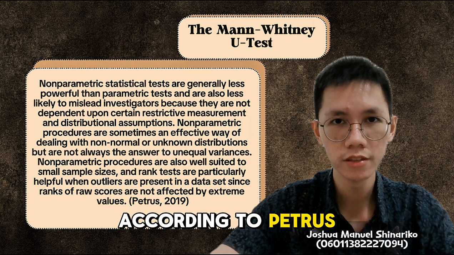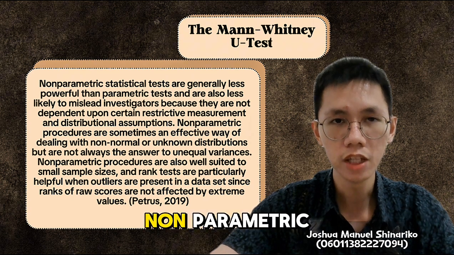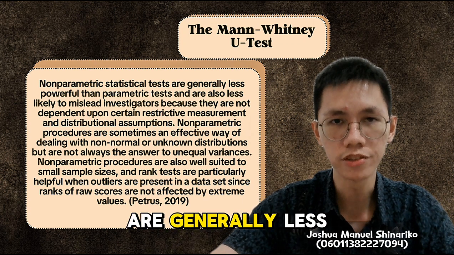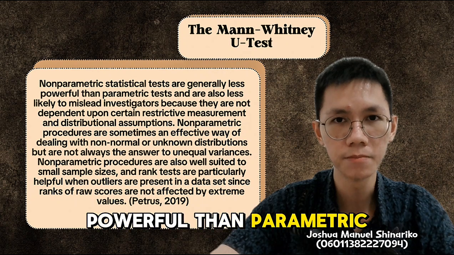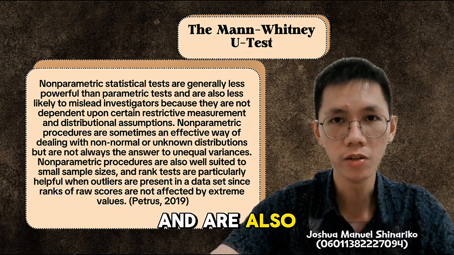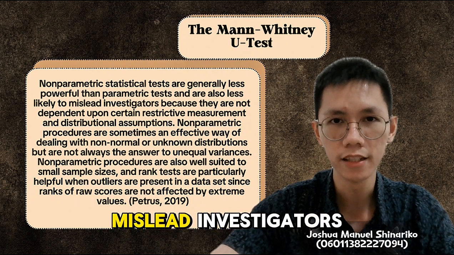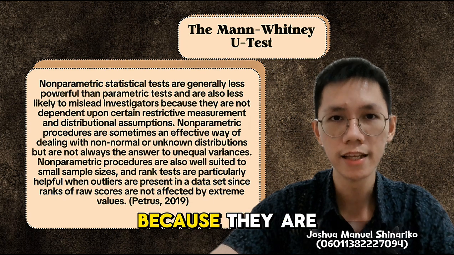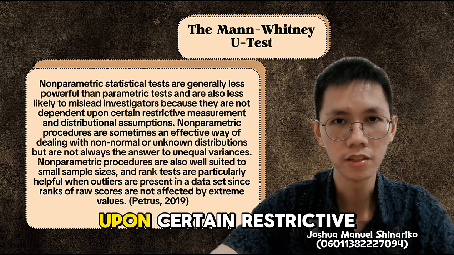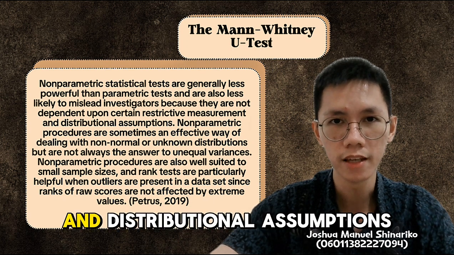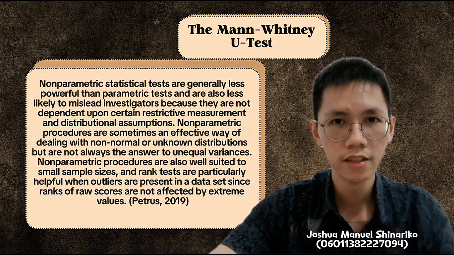According to Petrus, 2019, non-parametric statistical tests are generally less powerful than parametric tests and are also less likely to mislead investigators because they are not dependent upon certain restrictive measurement and distributional assumptions.